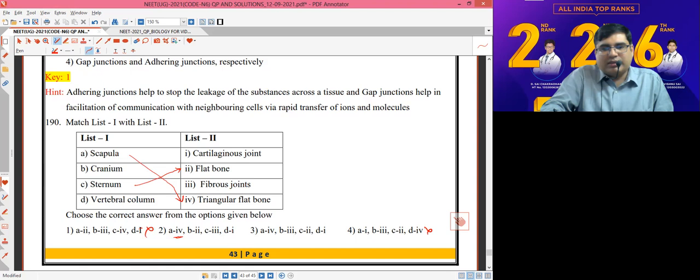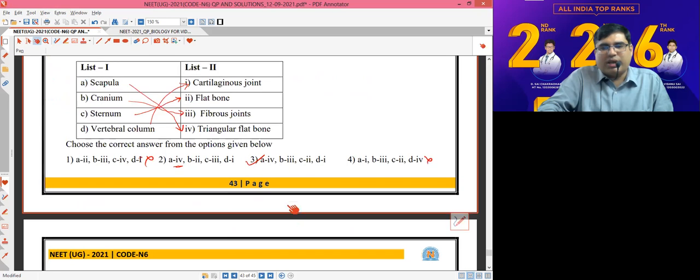Then C with 2 is right there. So A with 4 and B with 3, that is fibrous joint, right? And then C with 2 that we discussed already, D with 1, the vertebral column indicating the cartilaginous joint. So option 3 would be correct.